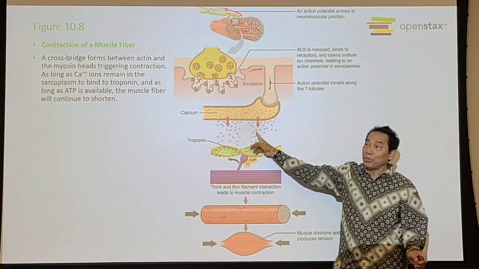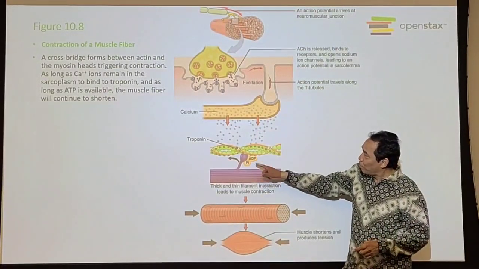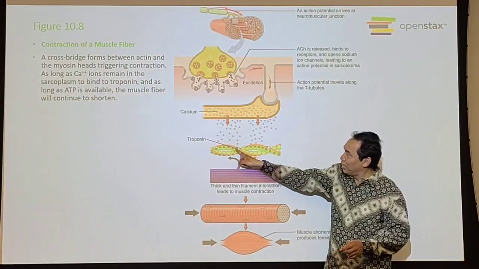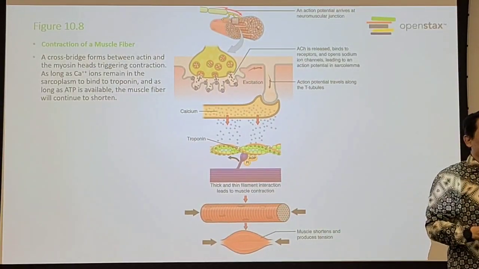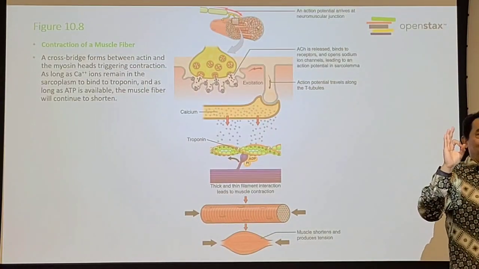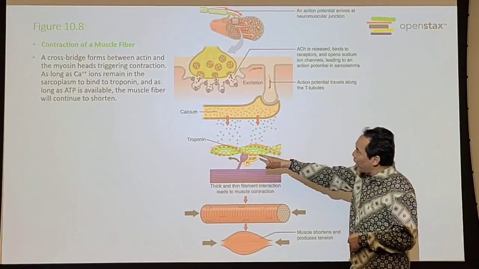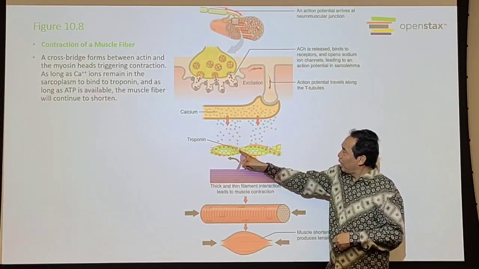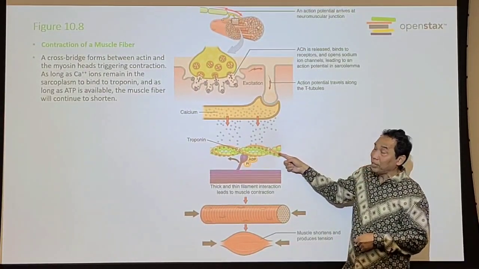Remember, in the sarcoplasm we have the sarcomere, right? And then this calcium will bind to the troponin. There are two calcium needed. Yes, because there are two binding sites on the troponin for calcium. So two calcium will bind to one troponin. And what happened? It will twist the tropomyosin.